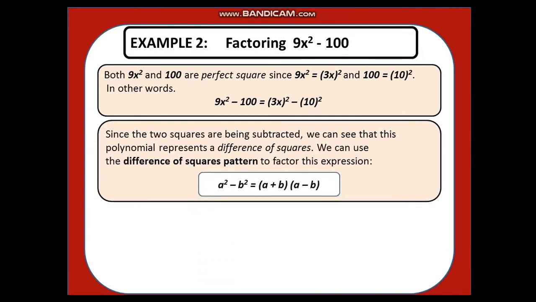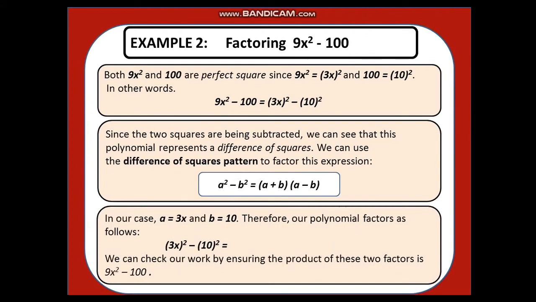Applying the pattern, a is equal to 3x and b is equal to 10. Therefore, our factors are 3x minus 10 multiplied by the quantity 3x plus 10. If you want to check, you can multiply the factors and it is equal to 9x squared minus 100. Therefore, the factor form of 9x squared minus 100 is 3x minus 10 multiplied by 3x plus 10.